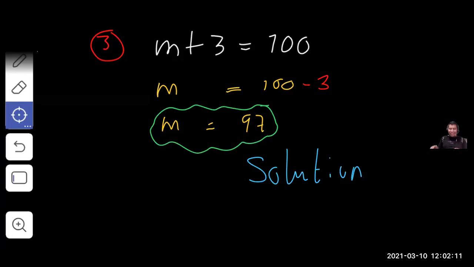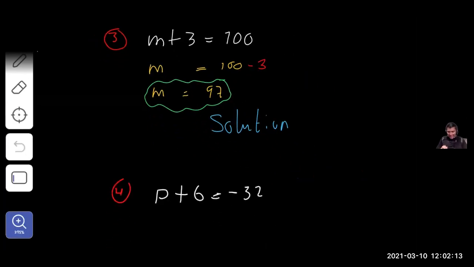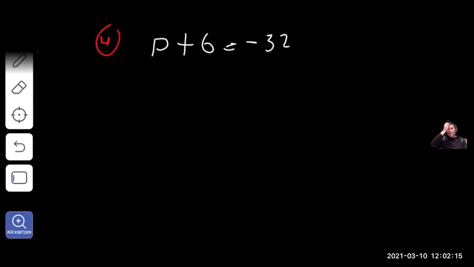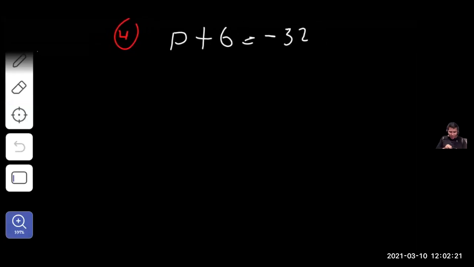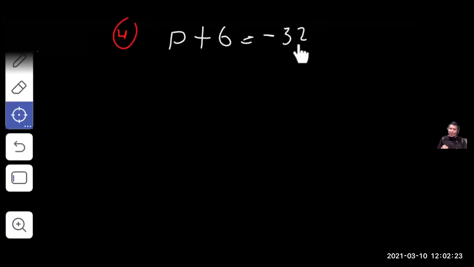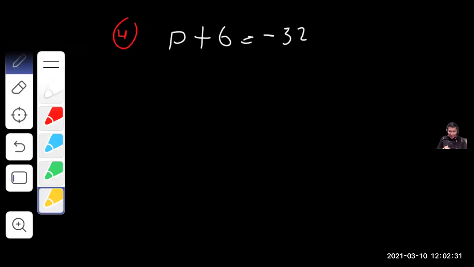That's just an idea of how to solve this. Let's take a look at this one. We have P plus 6 equals negative 32. Again, you shouldn't be bothering the negative 32 because that number is not bothering you. Just leave it like that. Let's solve the one that is really pissing you off. What number is pissing you off here, guys? The 6.